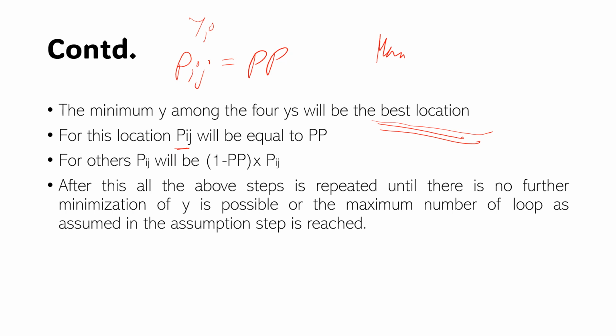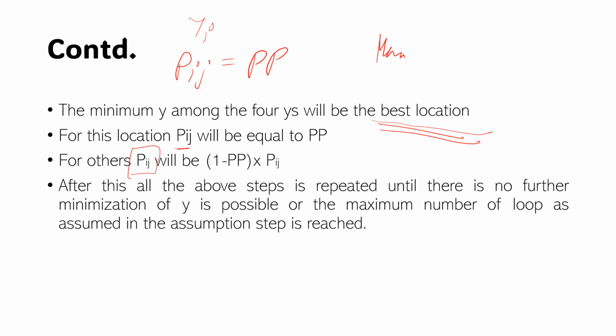So if it is not the case, then what we will do? Then the probability for the other populations will become 1 minus Pp, 1 minus predefined probability, multiplied by the probability of that location.